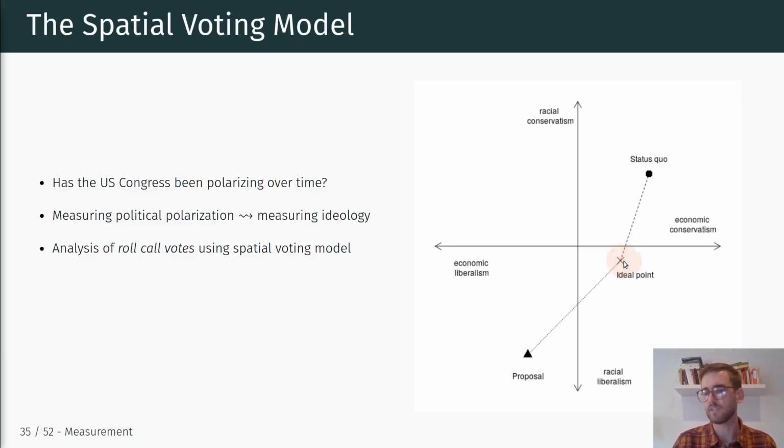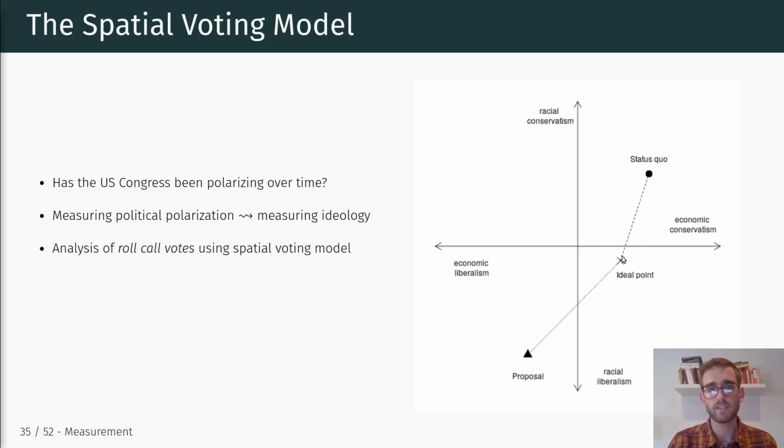Suppose one legislator's ideal point is here, and then there's a new proposal, right? A new law that changes some policies that has implications both for economic outcomes as well as potentially social outcomes, right? And so the idea behind this spatial voting model is that this legislator will vote for any new proposal that moves the status quo closer to his or her ideal point, right?